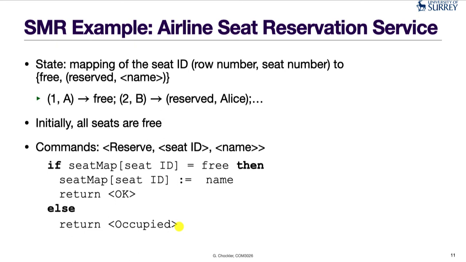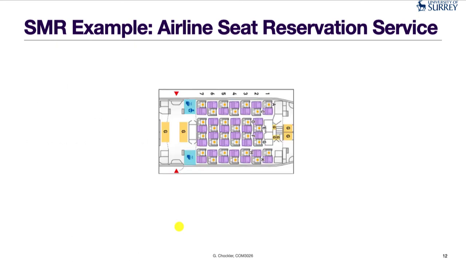So let's see an example. In this example we don't have replication, so the service is implemented by a single process or a single server, for example. This is the map of the seats, so all seats are initially available. Now we have a request from Alice to reserve seat 3E.